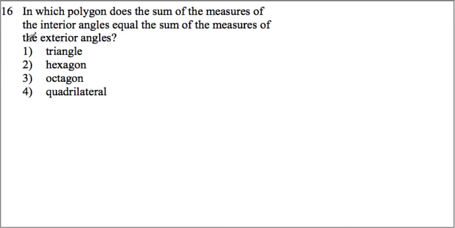Choice 2. Number 16. In which polygon is the sum of the measures of interior angles equal to the sum of the exterior angles? So let's try to remember the formula. What is the sum of the interior angles? It will be 180 times n minus 2.